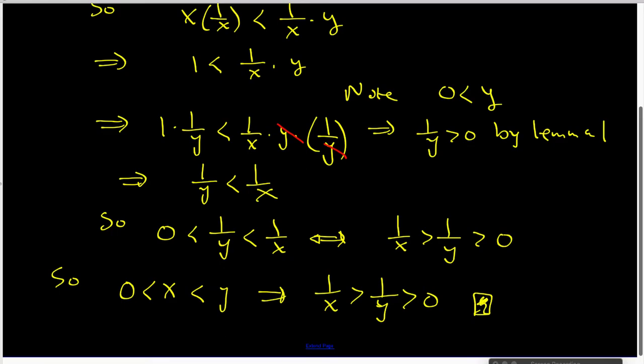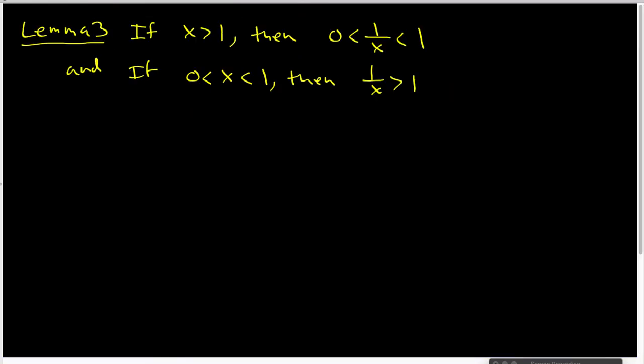The third lemma is really just a special case of the second lemma. If x is bigger than 1, its reciprocal is going to be between 0 and 1, and if x is between 0 and 1, its reciprocal is going to be bigger than 1. So the proof of this particular lemma.